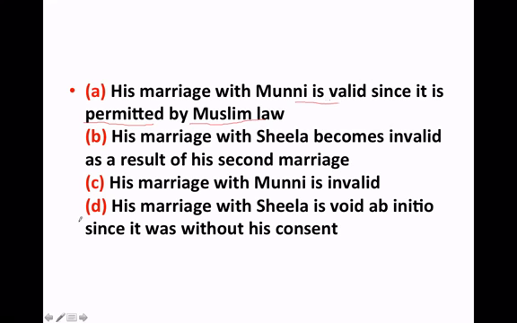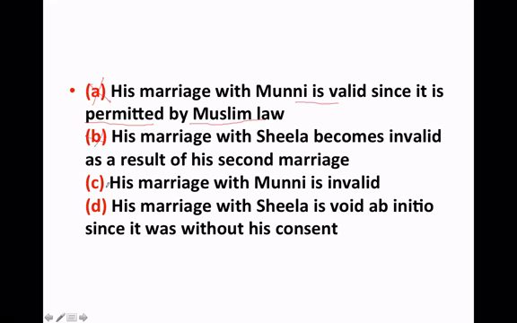So this is by default not your answer. You should not mix your knowledge with your facts. Second, his marriage with Sheila becomes invalid as a result of his second marriage. Is it said explicitly anywhere in the facts that if you marry for the second time, your first marriage is void? No. So this is also wrong.